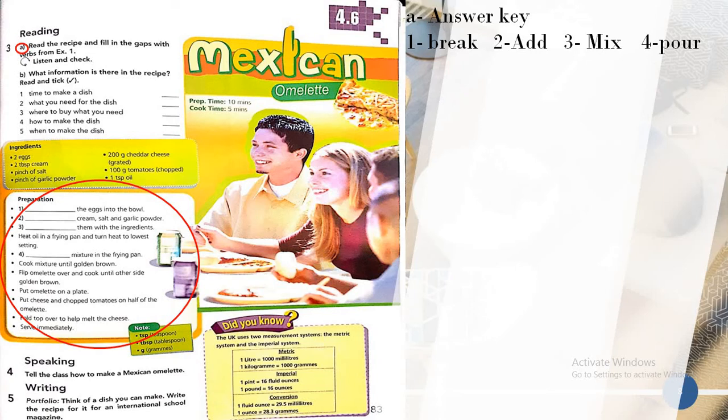So reread the preparation instructions, and try to check the sentences that are mentioned in this recipe. Again, I will ask you to pause the video and check the mentioned questions.